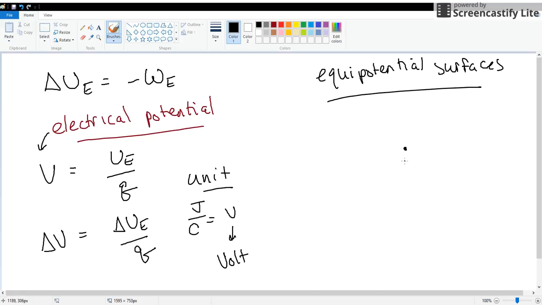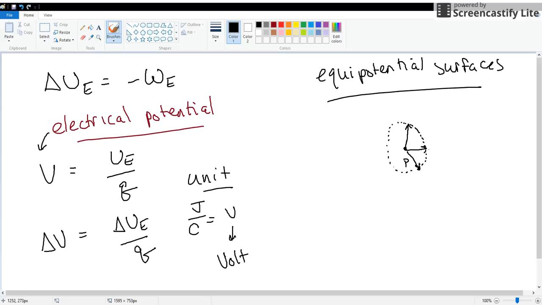Equipotential surfaces. So I'm going to embarrass myself with my poor drawing now, but let's say that we have a point charge, which we could call P, and then let's say that we have a circle, a locus of points around it. The electrical potential at any point in this circle, this locus of points that falls around P, has the same value.